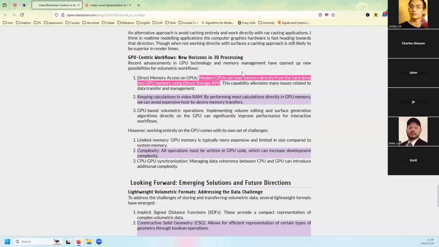Yeah, that's very new stuff. They're talking about being able to have SSDs on the PCI bus and do stuff directly across the bus between two devices on the PCI bus without having to go through the system RAM. Nice. Yeah, keep calculation in VRAM. Yeah, just do a compute shader or something.